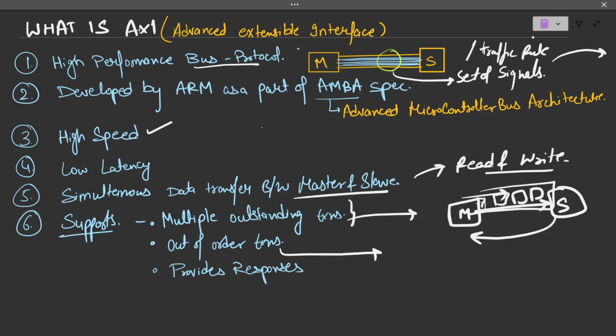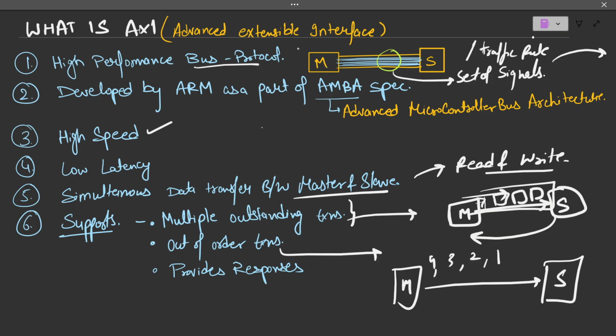Out of order transactions it supports. When we say out of order, between master and slave you might have sent transaction 1 at first, then second, then third, then fourth. Your transaction 2 is processed first, then transaction 4, then 1, then 3.